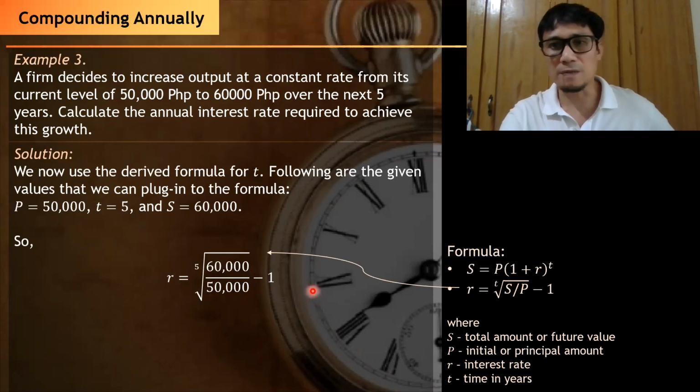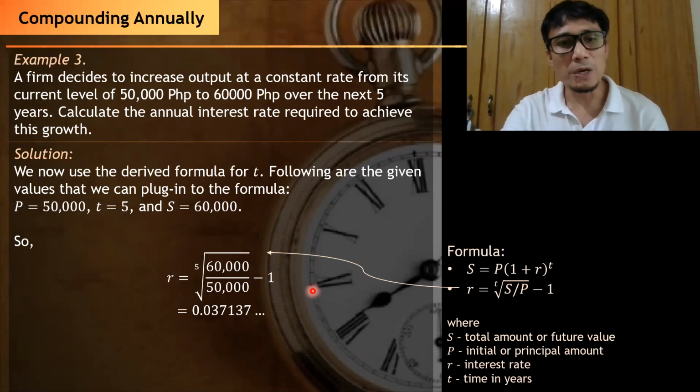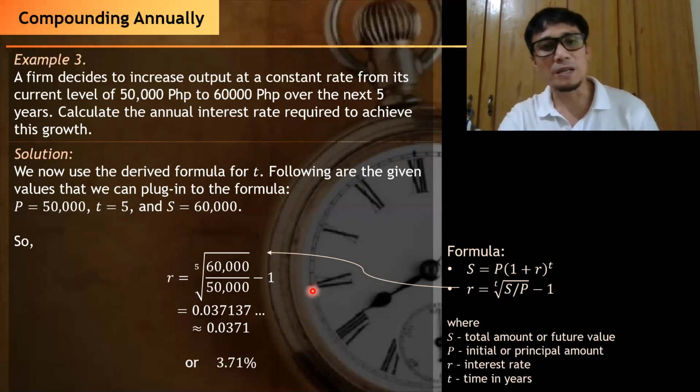So look for that function in your calculator. And then subtract by 1, then you have 0.037137... or this is approximately equal to 0.0371, which means that the annual interest rate required to achieve this growth from 50,000 to 60,000 for the next 5 years is 3.71%.